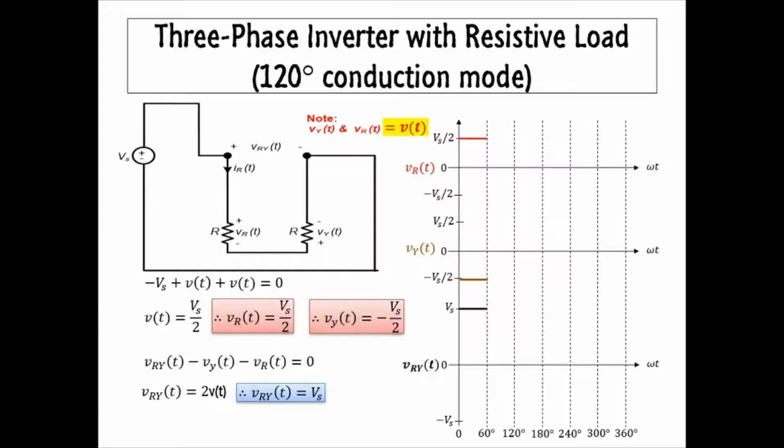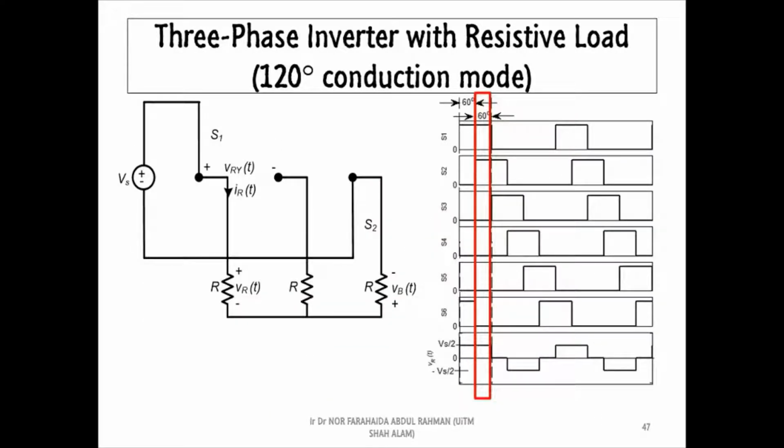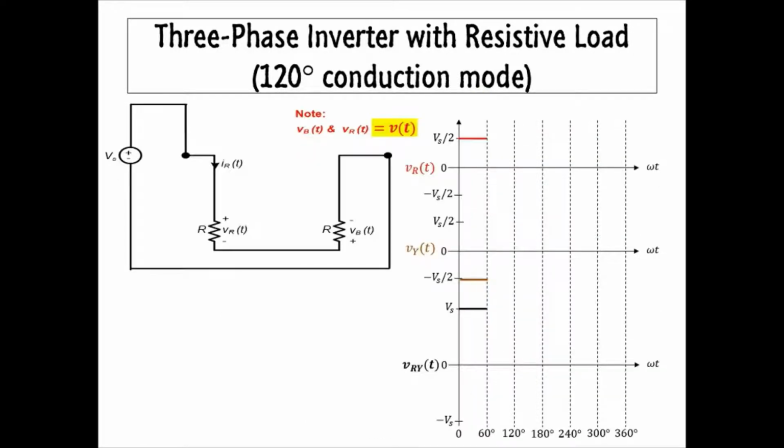Next, we consider the time interval between 60 degrees to 120 degrees. As we can see, this time S1 and S2 will turn on. Eventually, we can sketch the equivalent circuit like this, and we reconfigure it to become like this.